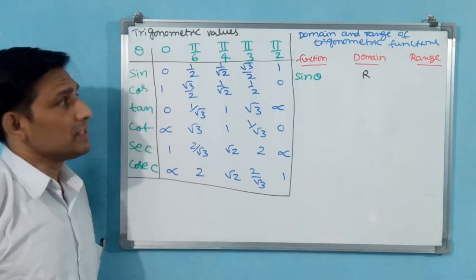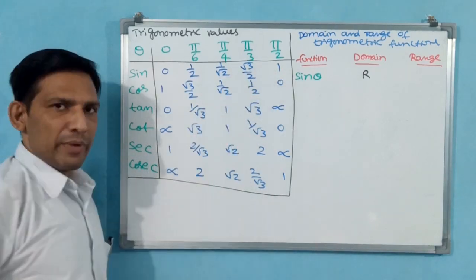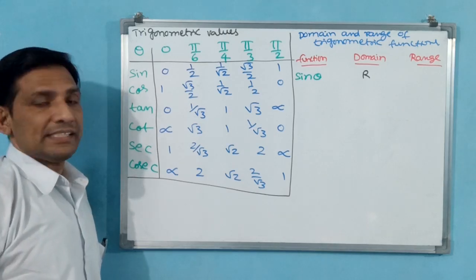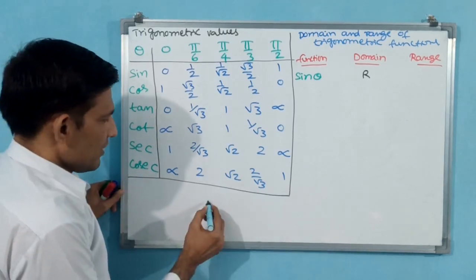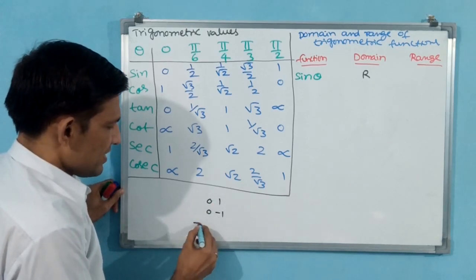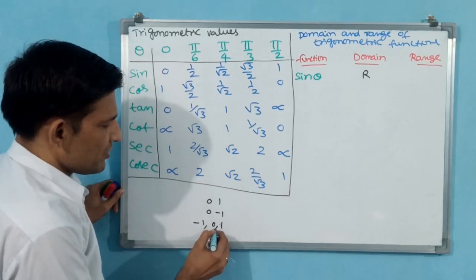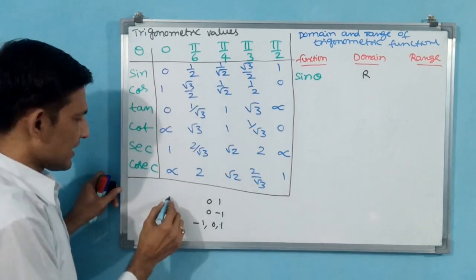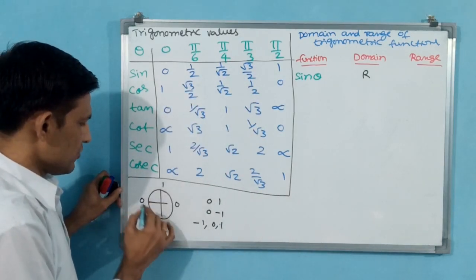You see now these values, how are the values coming? 1 is coming. Okay, but negative 1 also is coming. You see 0 to 1 is there and 0 to minus 1 is there. Then you can take it as minus 1 to 1. Minus 1 to 1 means in between 0 is also there. In the sine theta circle diagram, if you see 0, 1, 0, minus 1.